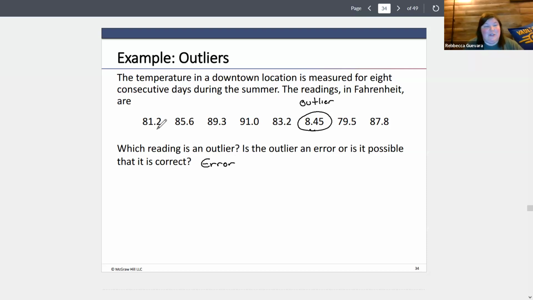And partly that's because if you notice, all this data has one decimal place, and then all of a sudden there are 2 decimal places. So most likely a decimal place moved. The decimal place was probably recorded incorrectly.